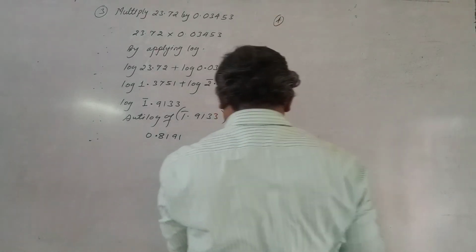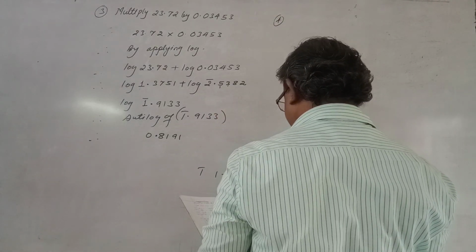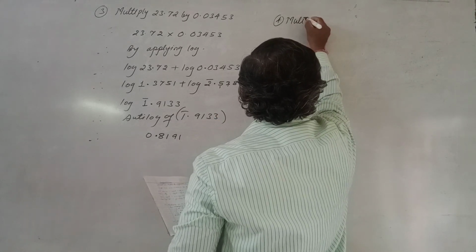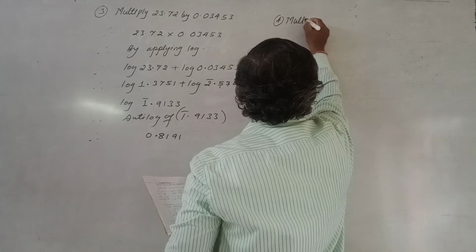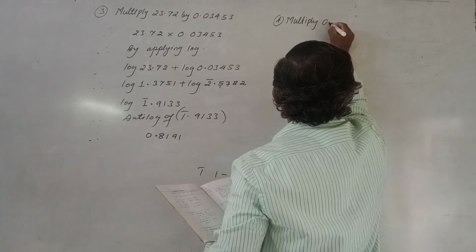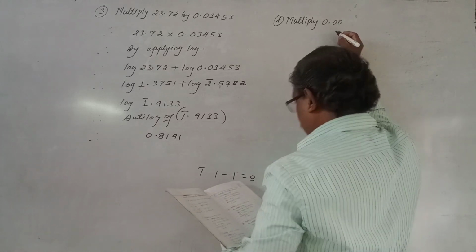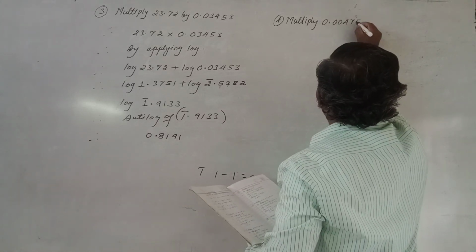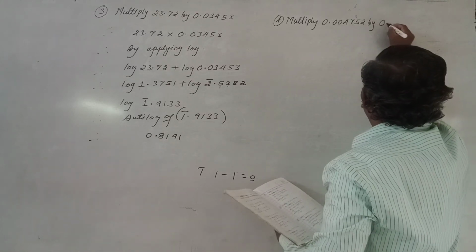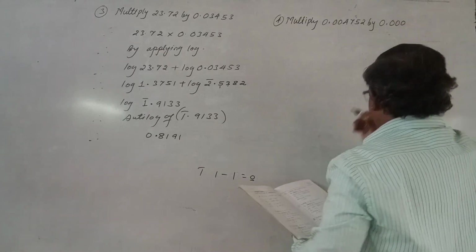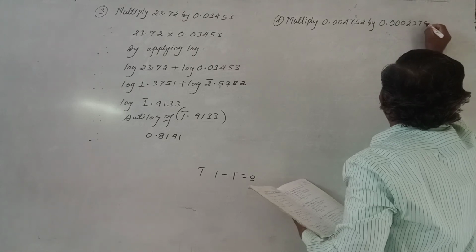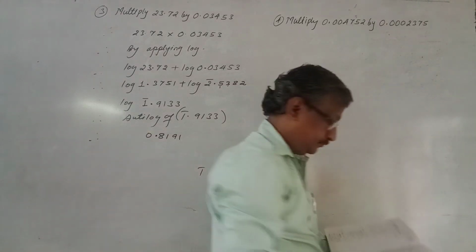Suppose question number 4. Multiply 0.004752 by 0.0002375.